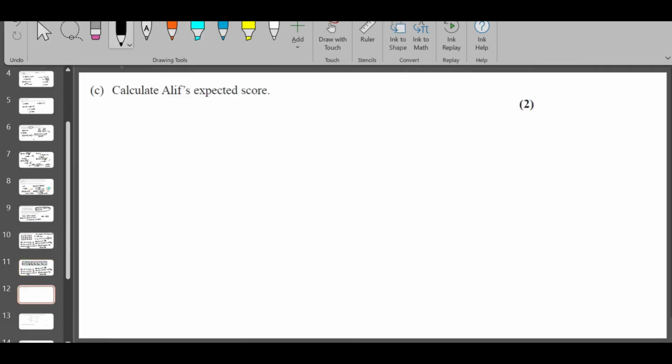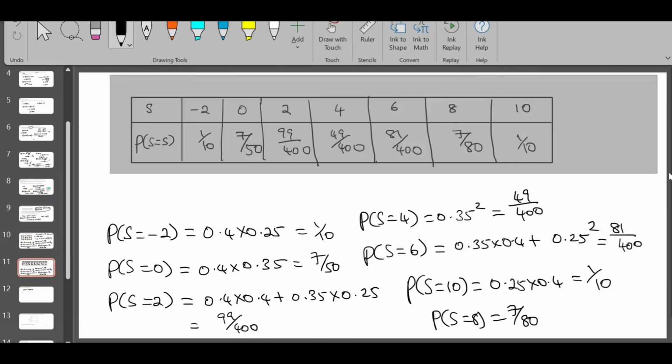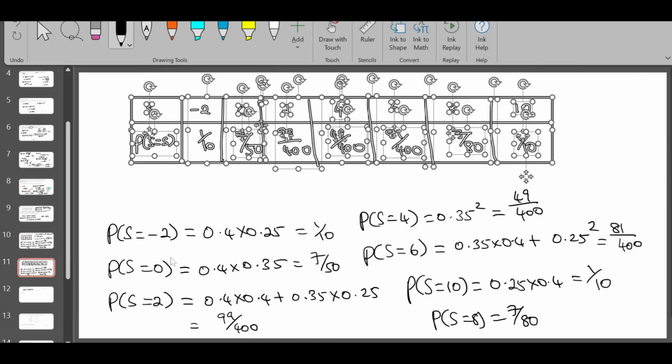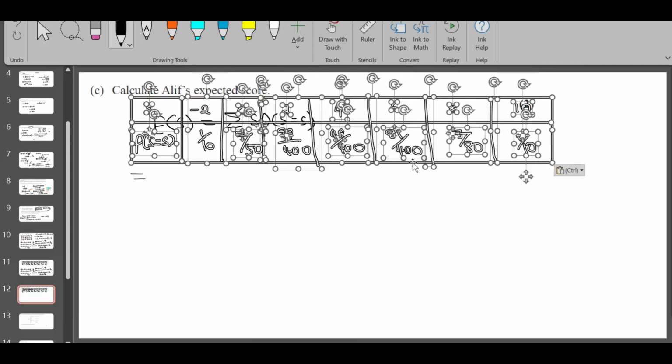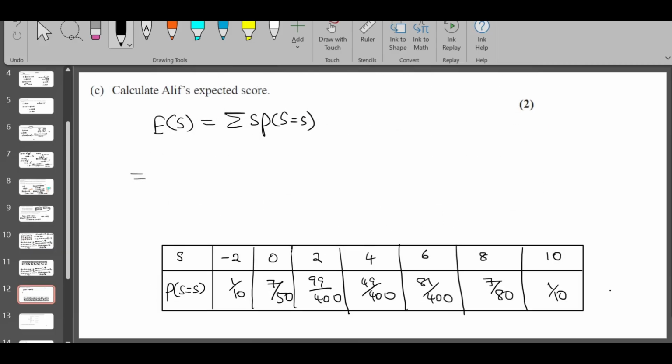Next part, calculate the expected score. Expected score E of S is sigma S times the probability. So you need to take the value of S from the table. So let me copy this whole table here. Okay, we have the table here. We need to take the value of S and multiply by the probability.